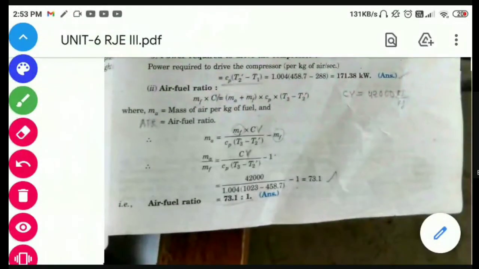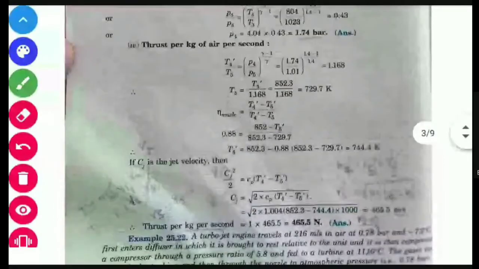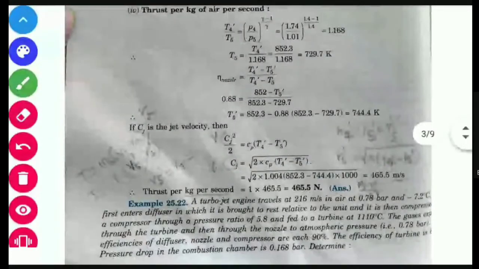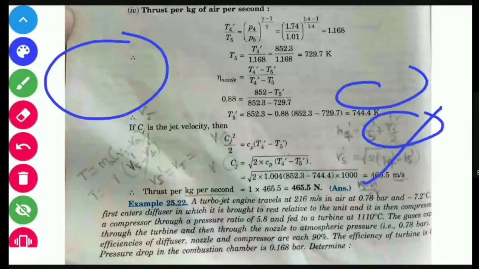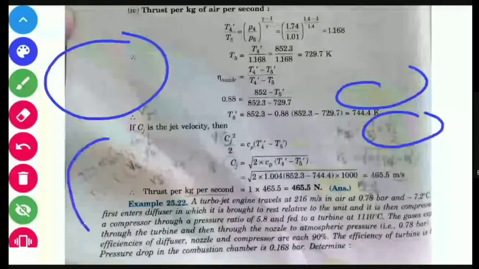Okay, so from our problem, here you have to find out the thrust, which means Ma into (Vj minus Va), where Vj means V5 and Va means V4.